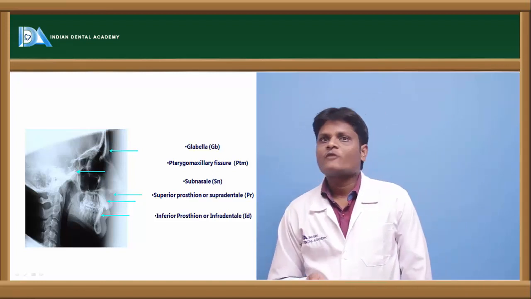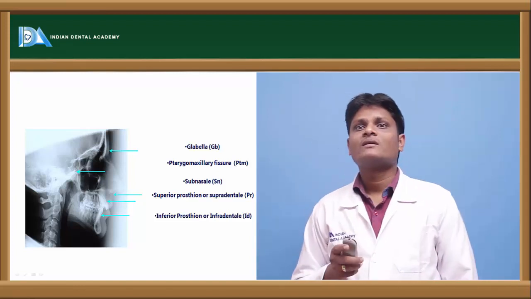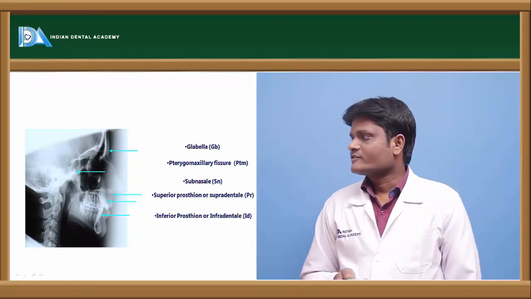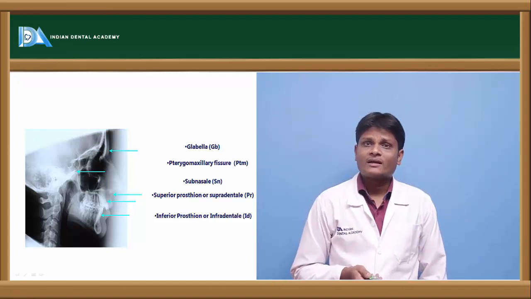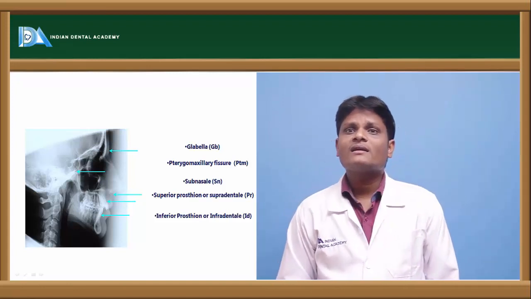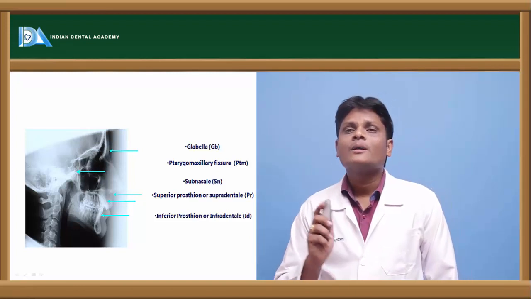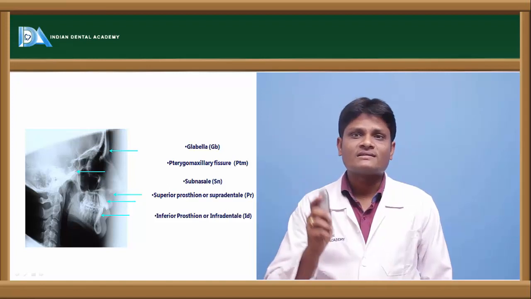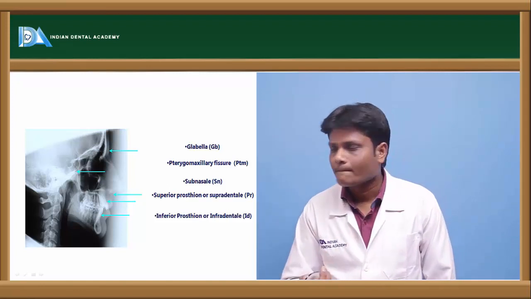Subnasale is a soft tissue landmark at the junction of the upper lip and columella of the nose. Whereas superior prosthion is a bony landmark. It is the anterior and inferiormost point on the alveolus in the midline between the two maxillary central incisors. This is called superior prosthion or supradental.